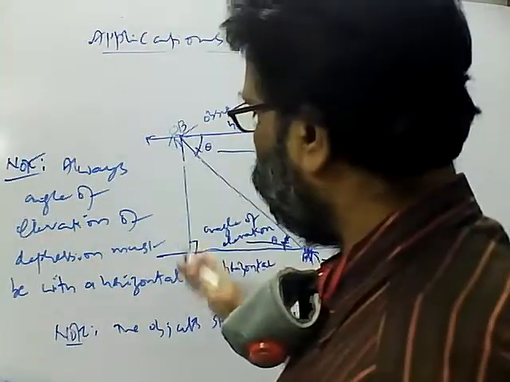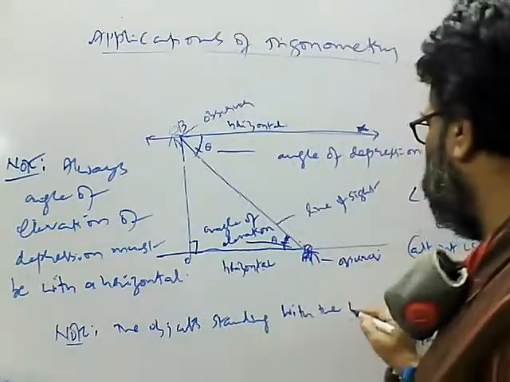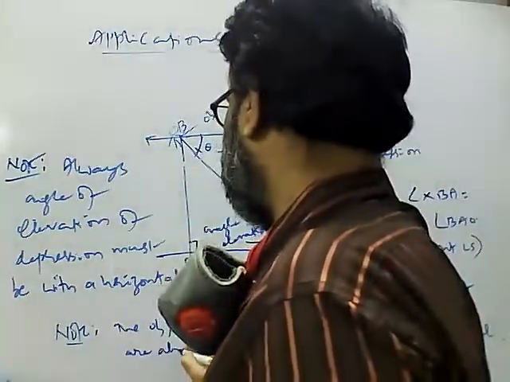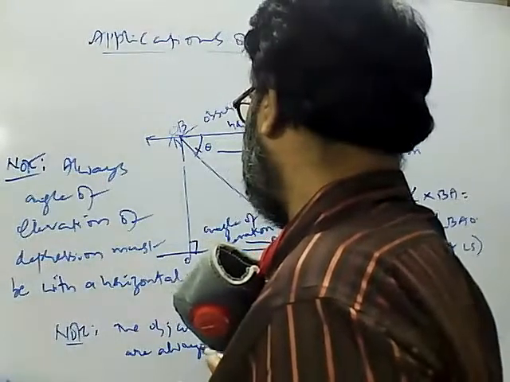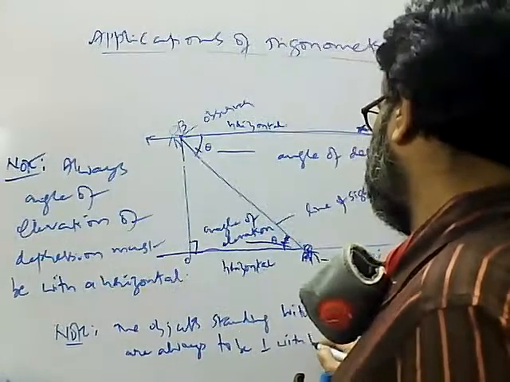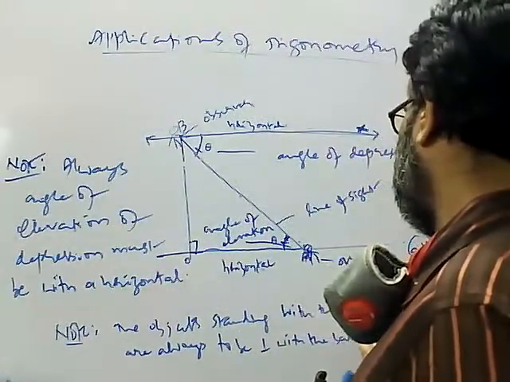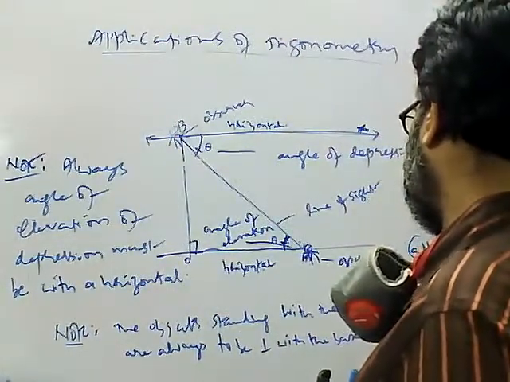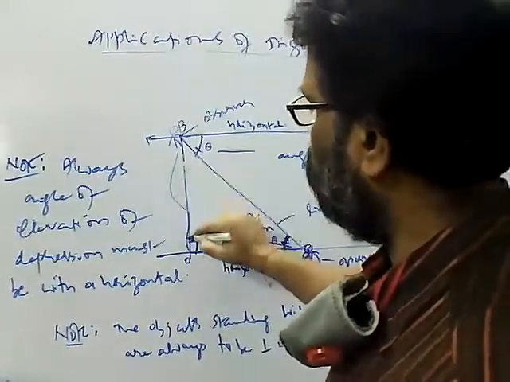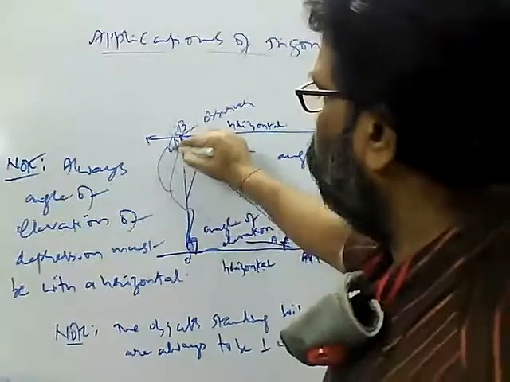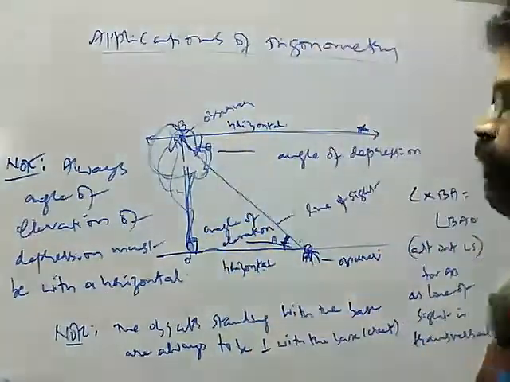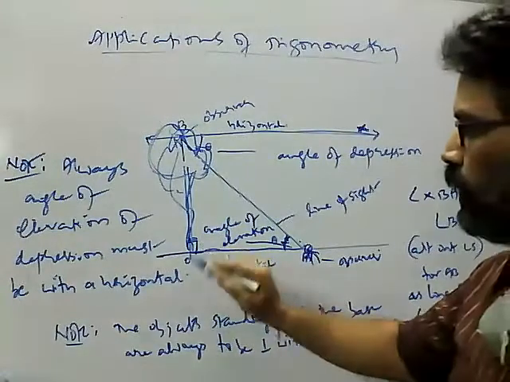Whatever you take, tower, tree, anything, is always taken to be perpendicular to the base, or erect. They must be 90 degrees, because you can't take a tree as slanted like this. You should not take that. Whatever you take will always be at 90 degrees only. Understood now? So this must be 90 only.